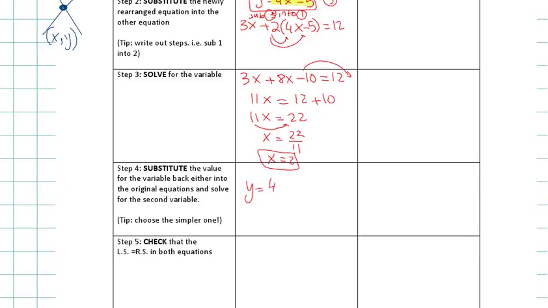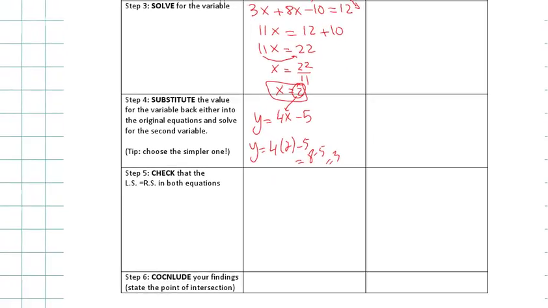So all I have to do is plug in this value for x. That would be y equals 4 times 2 minus 5, which is 8 minus 5, which is 3. So my POI is 2, 3.